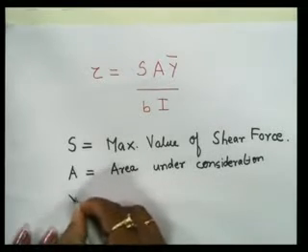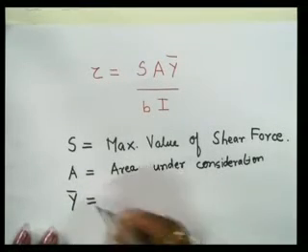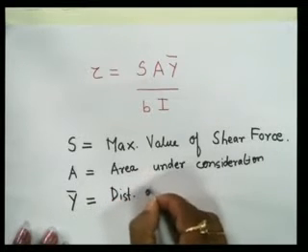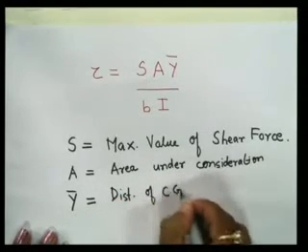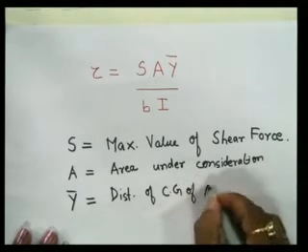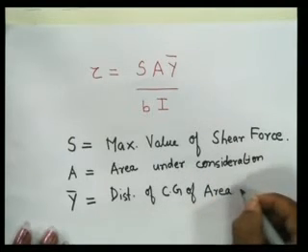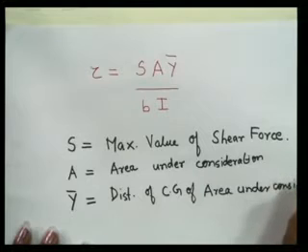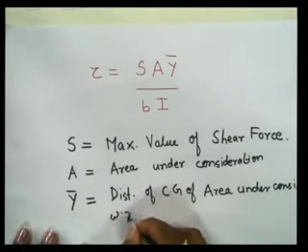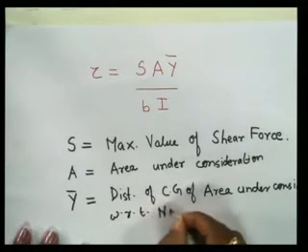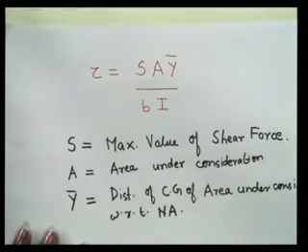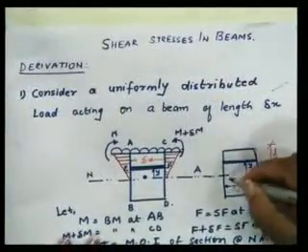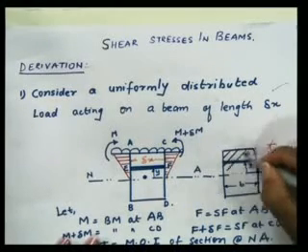Then y bar. What is y bar? Y bar is nothing but the distance of the CG of the area under consideration with respect to the neutral axis. That means if I take this particular problem and consider above the neutral axis, this is my shaded area.